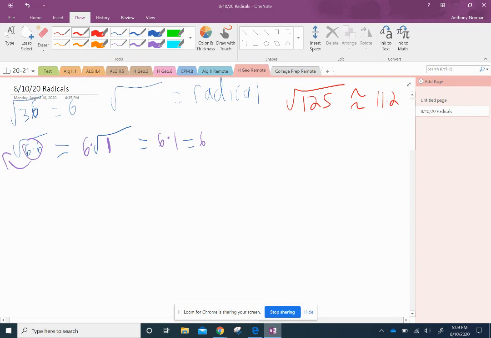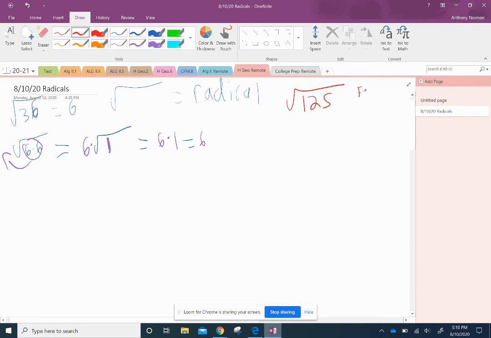In geometry class and in much of math, we're going to want an exact answer. And the only way to get an exact answer with radicals is for the radical to go away, or for you to have a radical in your end result. So how do we find the square root of 125?